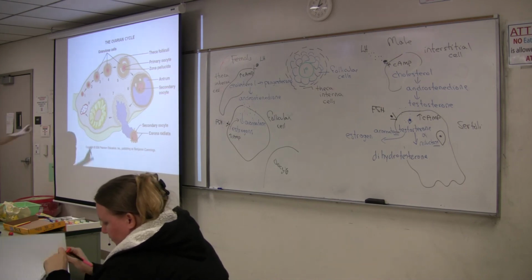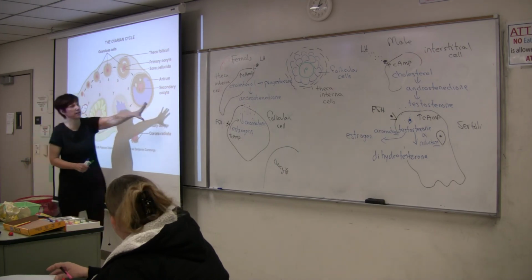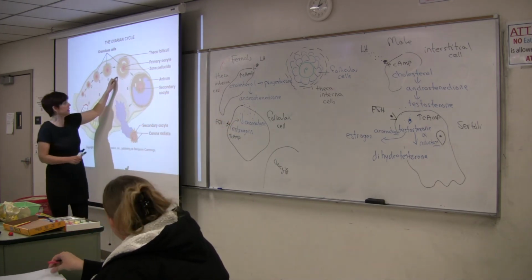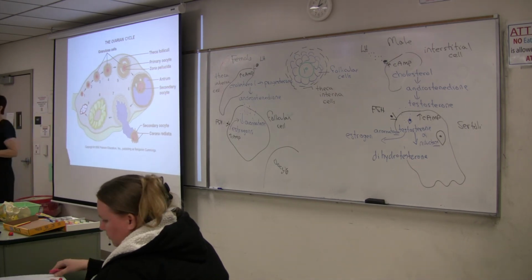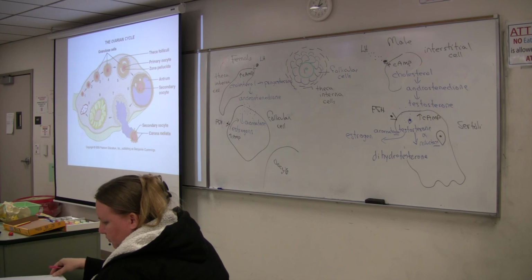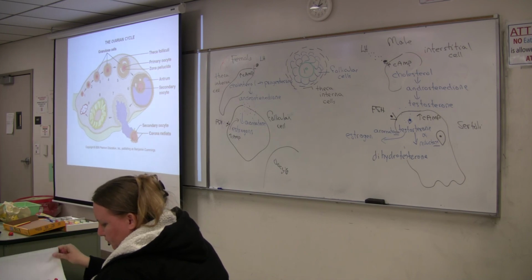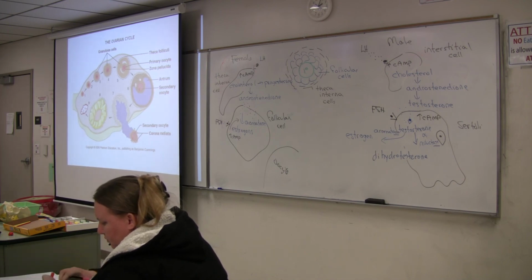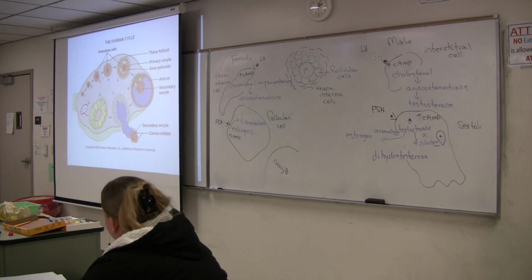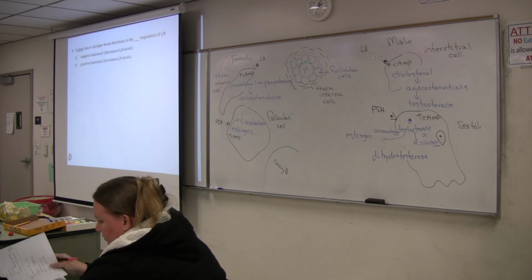But these brown cells are the follicular cells that I drew right here, and these black dots are the theca interna cells. You're trying to relate those to what we just covered. It's kind of choppy, but I just want to give you the origin of the hormones that are covering this. And so now let's look at page 104 of your lecture notes.